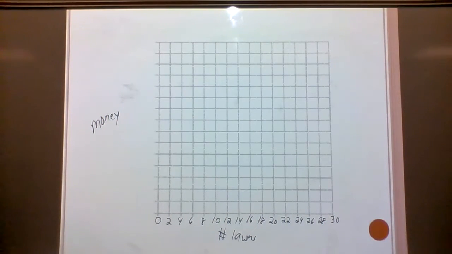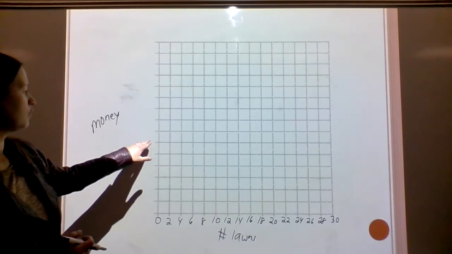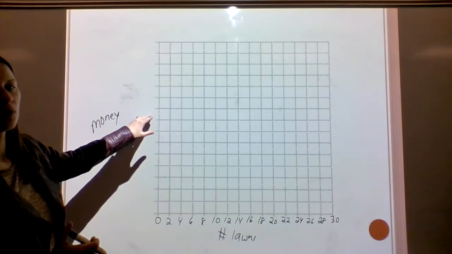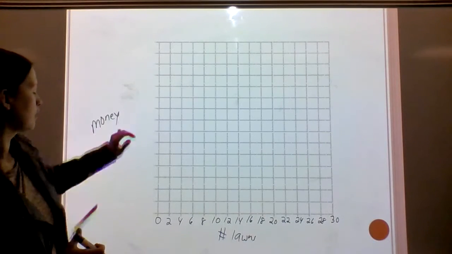Thinking about the money, we end up getting up to $329, and it does go a little bit higher than that. So we want to make sure we can get there. So maybe we count by 30s, 30, 60, 90, 120, 150, 180, 210, 240, 270, 300, 330. I think that would be pretty good.